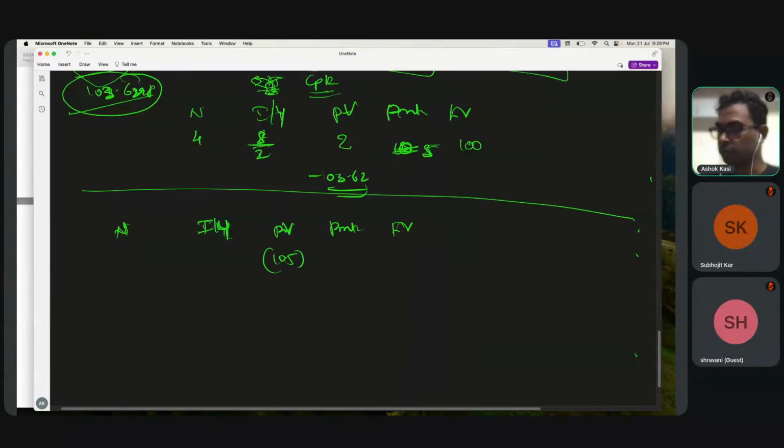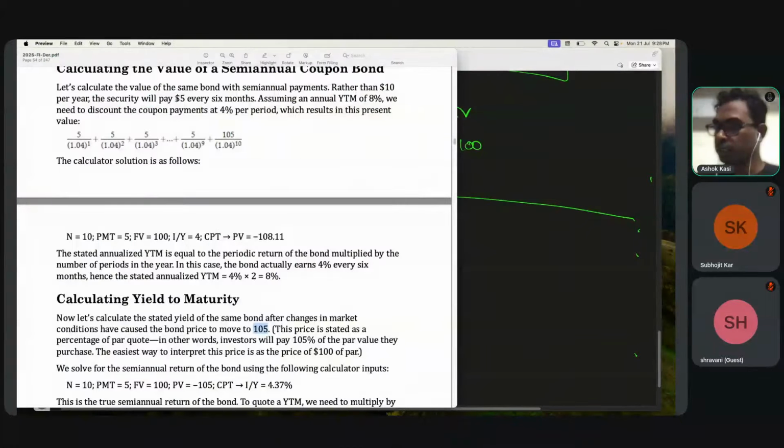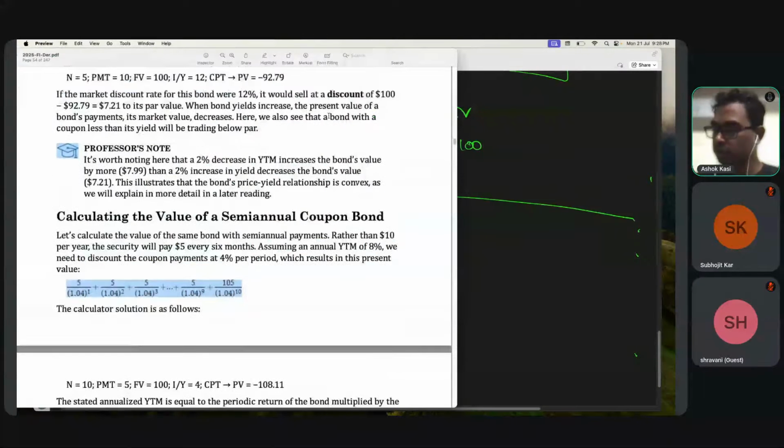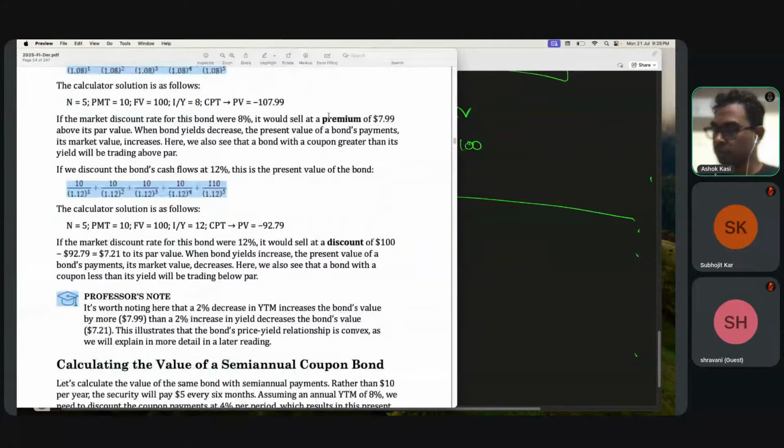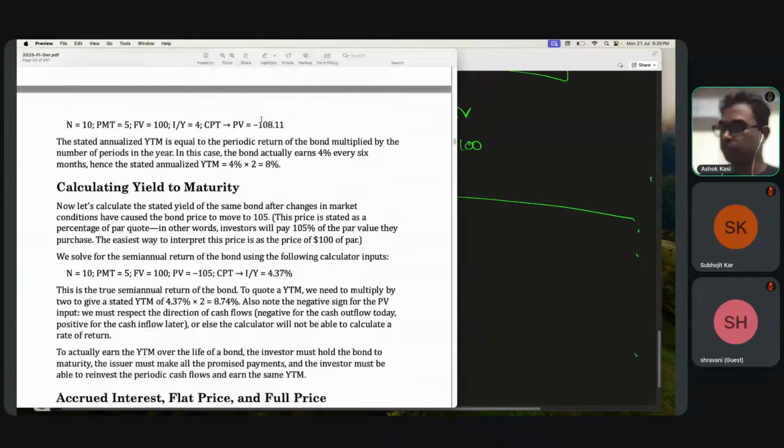Okay, present value is 105. This is minus, and n will be, this is for 5 years and semi-annually they are paying. Where is it given 5 years? That question actually comes from here. Anyways, we let it be, doesn't matter.